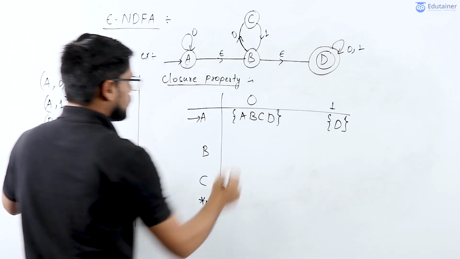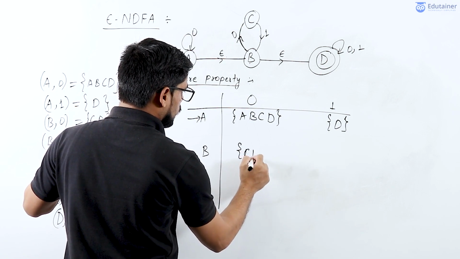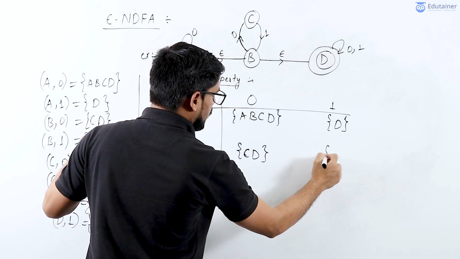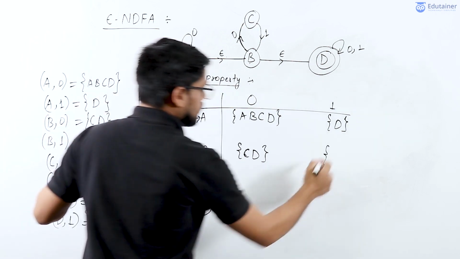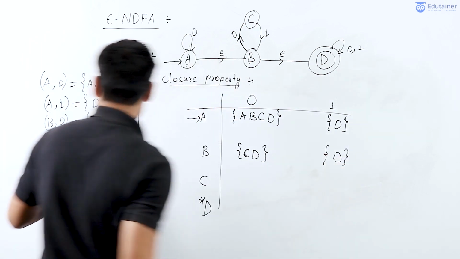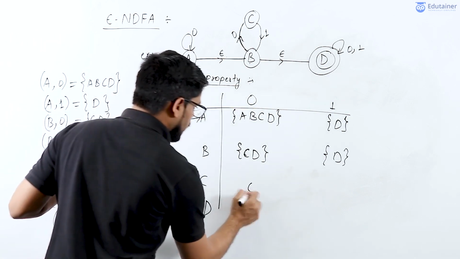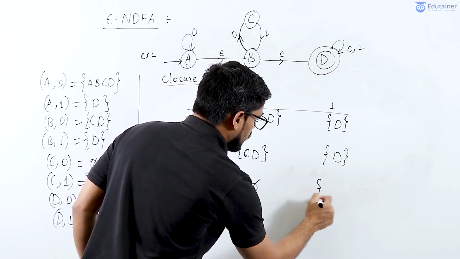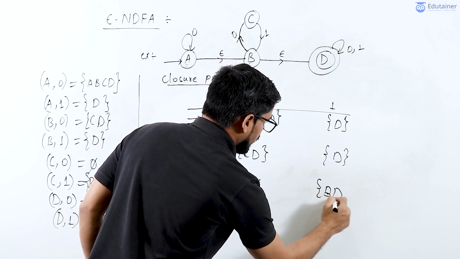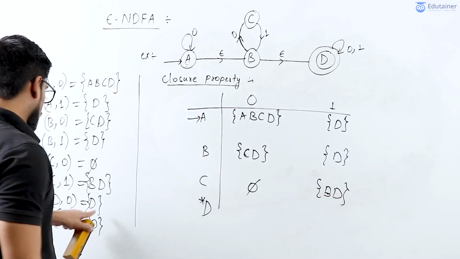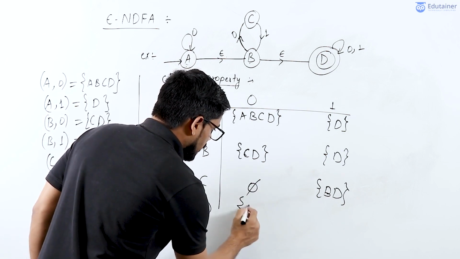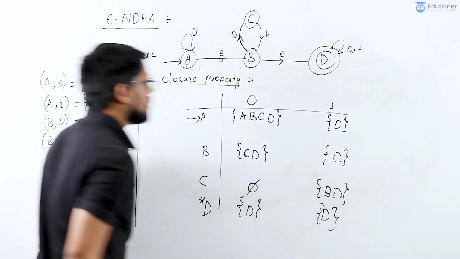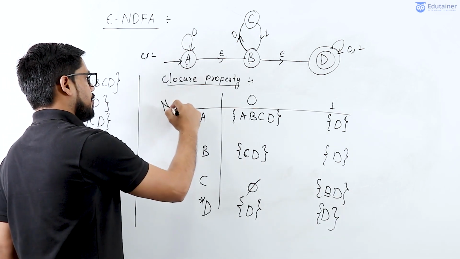B on 0 is C, D, and B on 1 is D. Similarly, C on 0 is phi, that means dead configuration, and C on 1 is B and D. The last one is D on 0 is D, and D on 1 is D. So this is the final transition diagram of the NDFA.